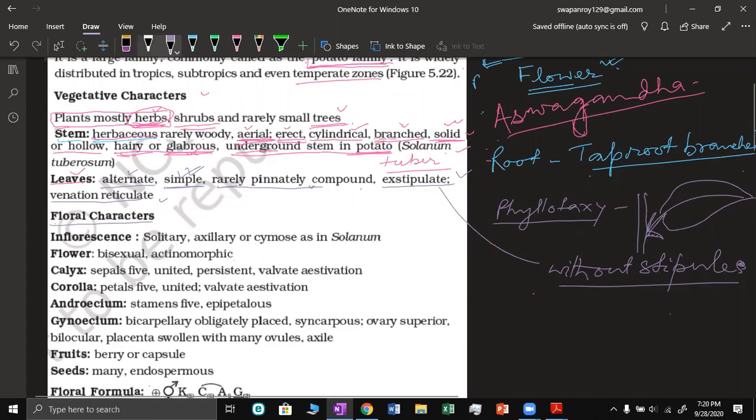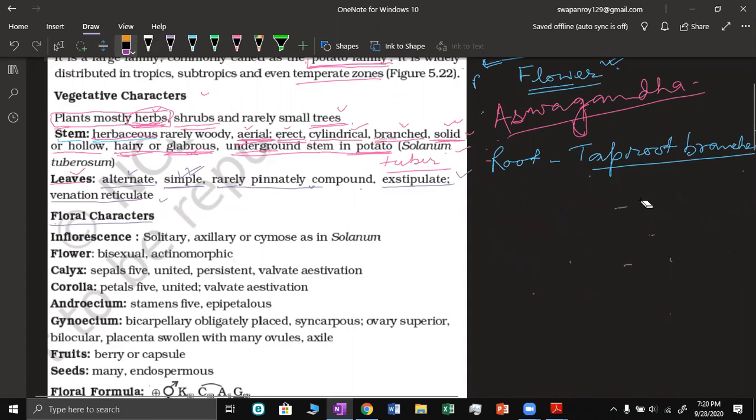Now coming to the reproductive structure, which deals with the floral character. In the floral character, the first thing that comes is the inflorescence, the way in which flowers develop on the floral axis.